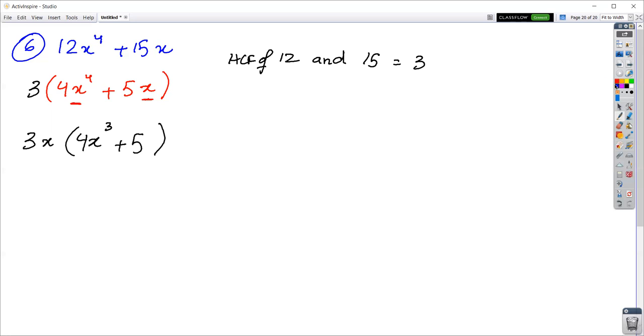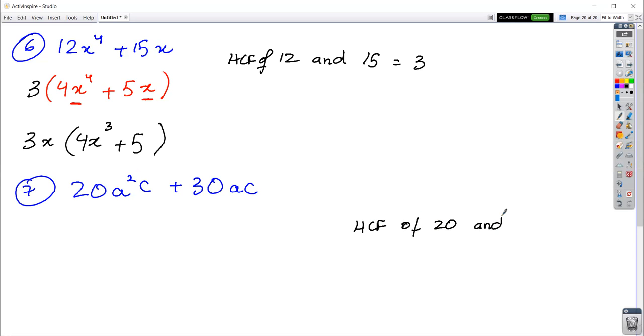Now going on to the next example, which is the last example on this topic. So 20a squared c plus 30ac. I'm starting with the numbers first. So the highest common factor of 20 and 30 is 10. So I'm going to take 10 outside the bracket first of all.